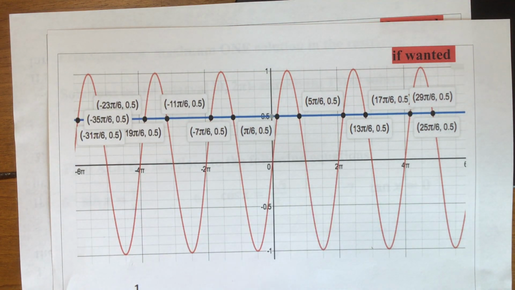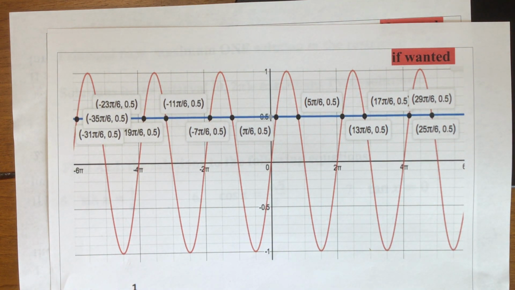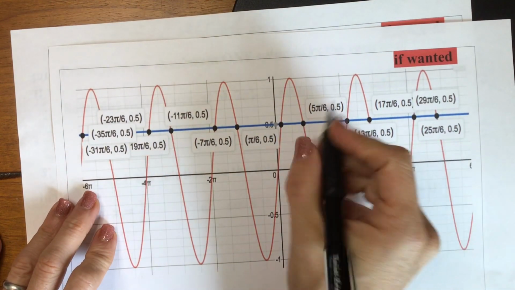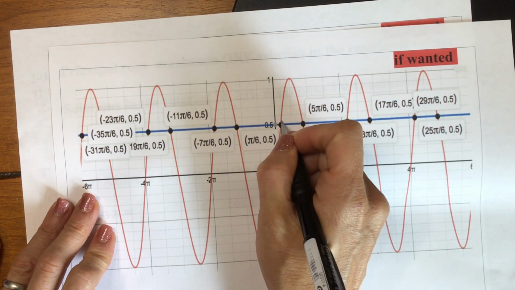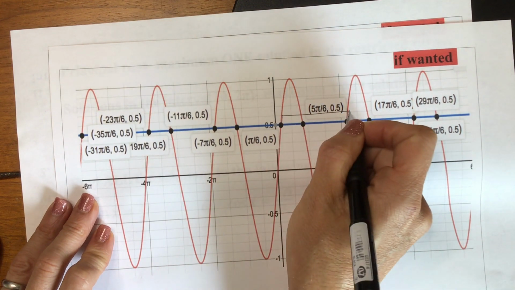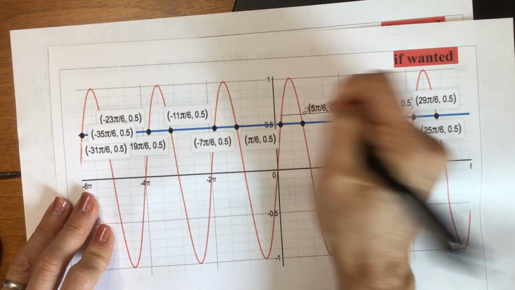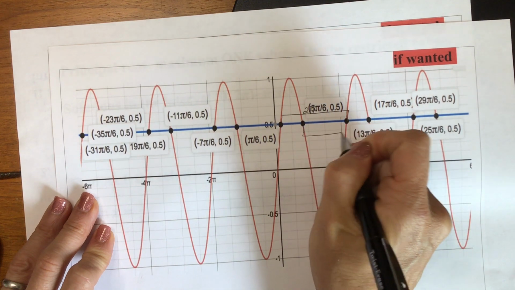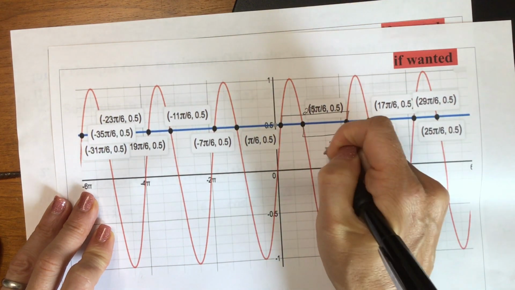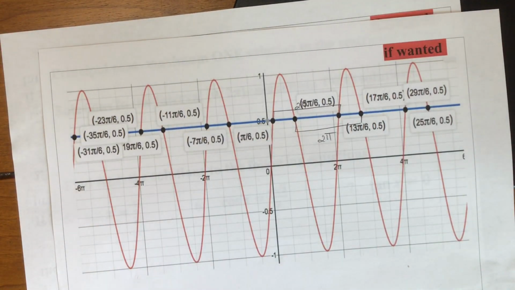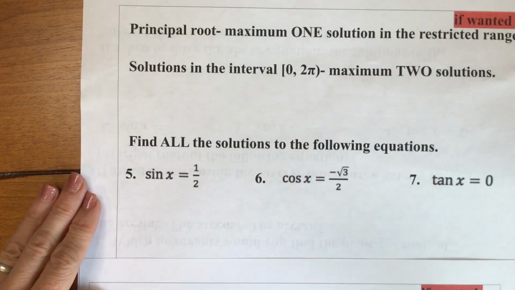And then remember, we did this a while ago, but every sine curve has a period of 2 pi, so this distance between here and here is 2 pi, and this distance between here and here is also 2 pi. Because of that, we can take our original values.